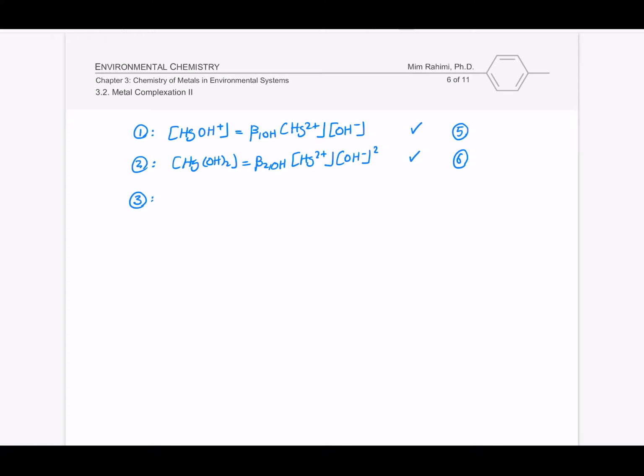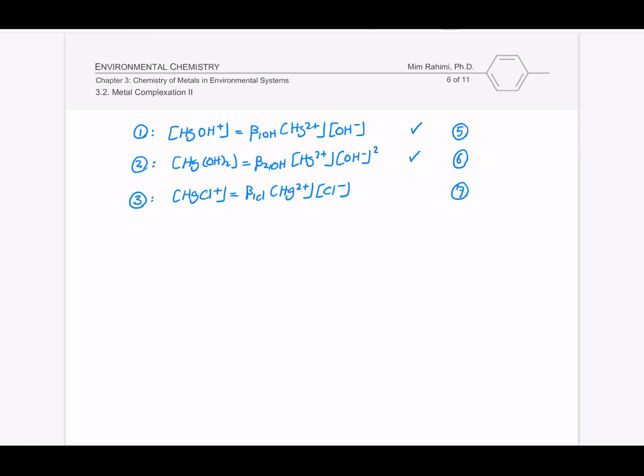So this one, we want to rearrange it in a way that we somehow have an expression for HgCl plus. So then here would be HgCl plus equal to beta 1 Cl, Hg2 plus, and then Cl minus. So this one, it seems, is not the best simplification of HgCl plus for one simple reason.